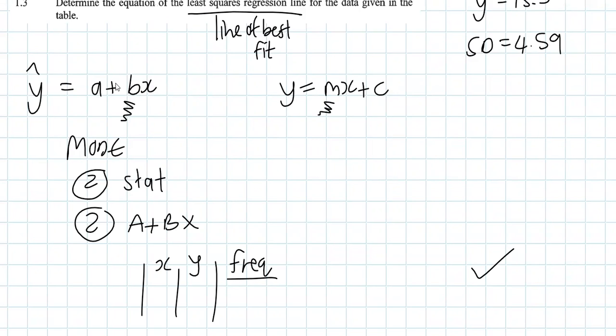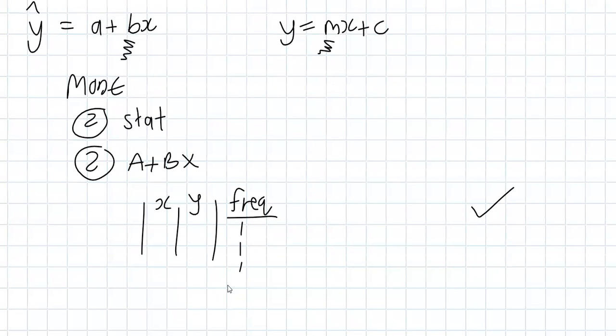I prefer to just have it on. It'll just put 1s there automatically. You don't have to do anything with this frequency column. It's only if you are asked to put a frequency in for Y or for X that you can use this column. But I just prefer to have it available on my calculator.